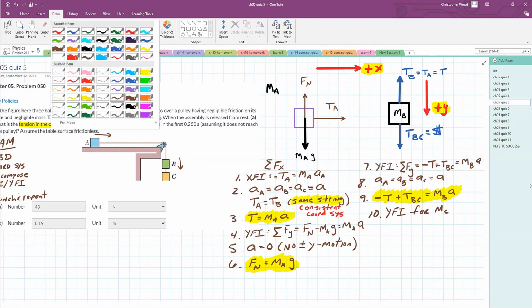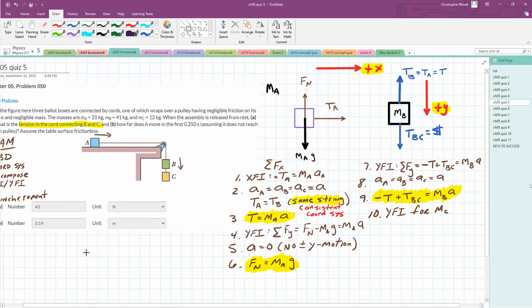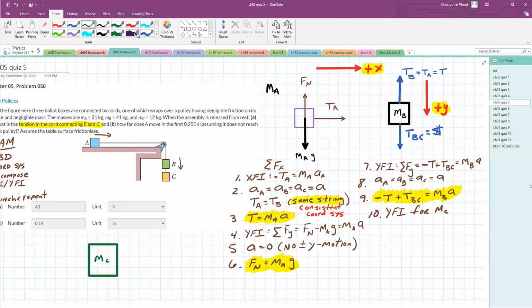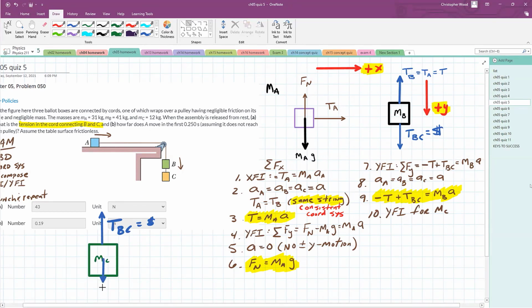Here's mass C. Here are my forces acting on mass C. I have the upward pull of tension, and this is the same T_BC, which is that same dollar sign. I have the weight force pulling downward on the center of mass, and this is mass of C times g. That's it for my free body diagram.